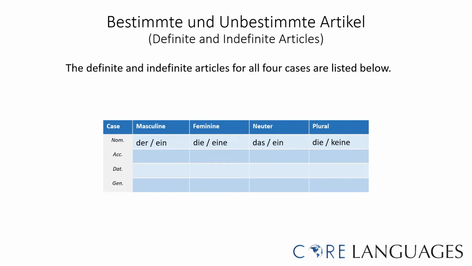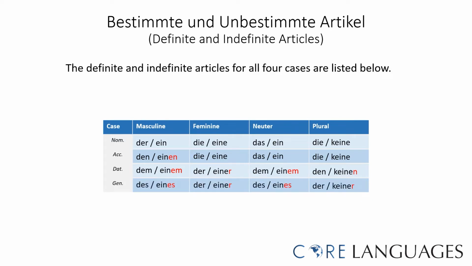The accusative articles are den, einen; die, eine; das, ein; and die, keine. The dative articles are dem, einem; der, einer; dem, einem; and den, keinen. And the genitive articles are des, eines; der, einer; des, eines; and der, keiner.